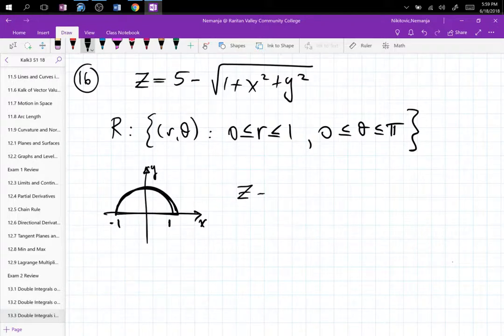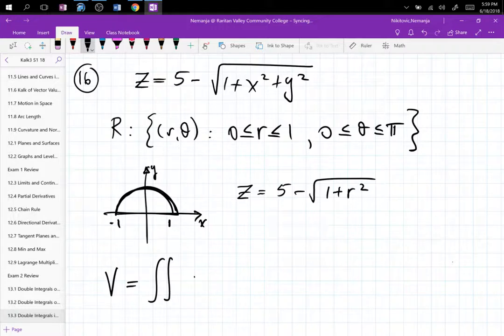We convert z into 5 minus the square root of 1 plus r squared, because x squared plus y squared is r squared, and I need z to be only in terms of r and theta. Now it is in terms of only r in this case, so we can use that. Volume is the double integral of 5 minus the square root of 1 plus r squared.